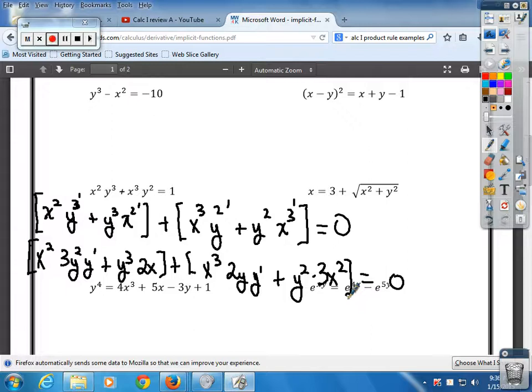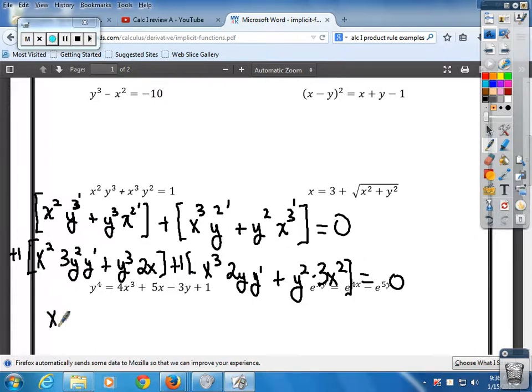Now, about the only thing you can do is go ahead and get rid of all the brackets, because what you're going to have to do is get the y primes together and by themselves. Then you can factor out the y prime and solve it. So I'm just going to rewrite everything. I'm going to distribute that positive 1 and that positive 1 and get rid of my brackets.